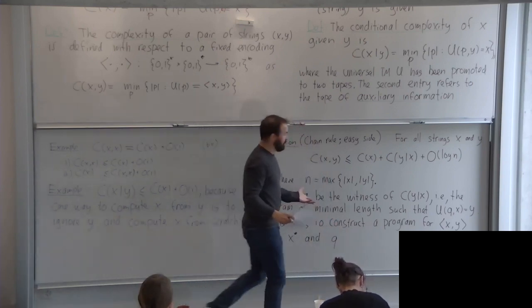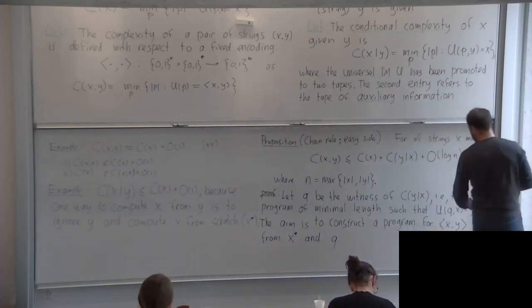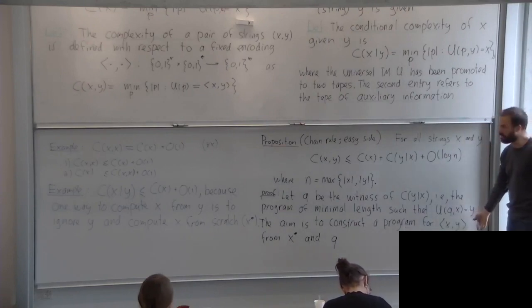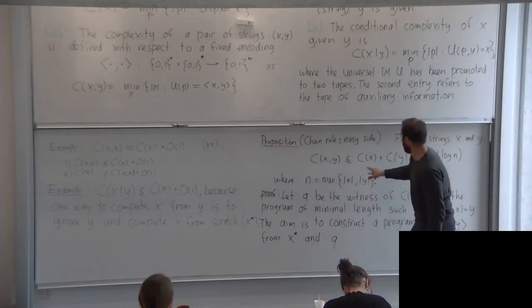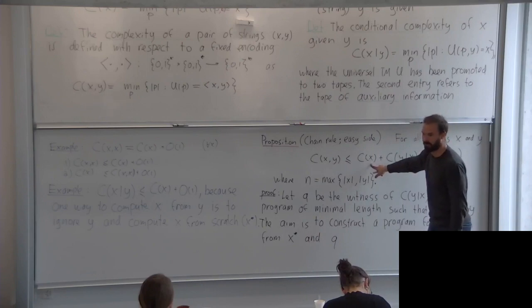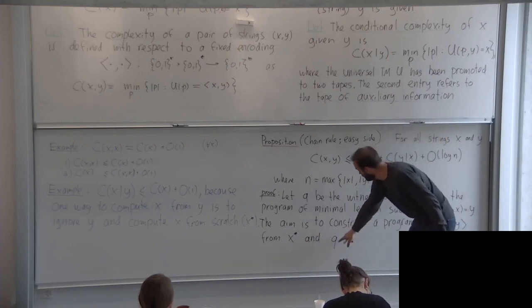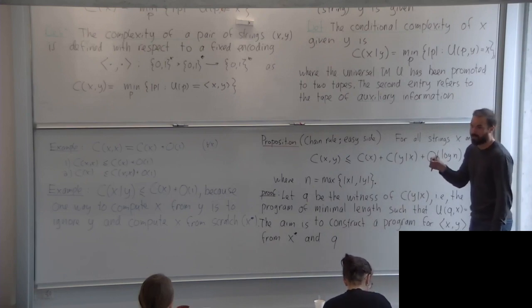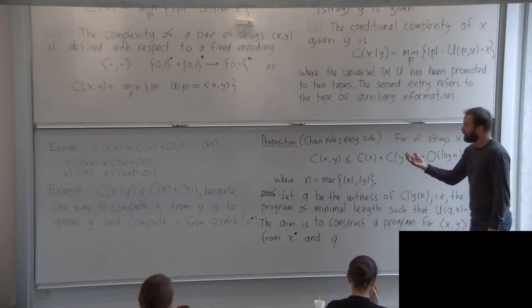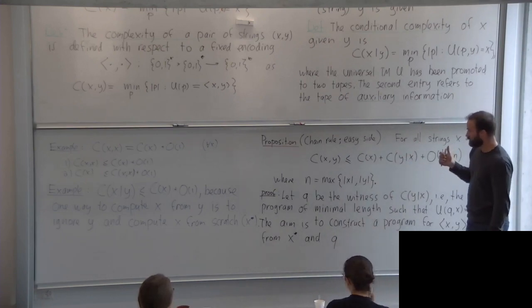I want to compute the pair x comma y, or an encoding of that pair, with x star, the witness of c of x, the shortest program for x, and also q, the witness of c of y given x, namely the program which, with helper x, computes y, and it has minimal length.